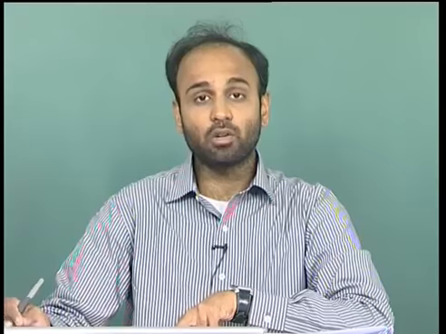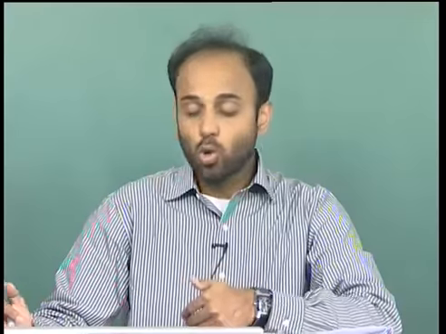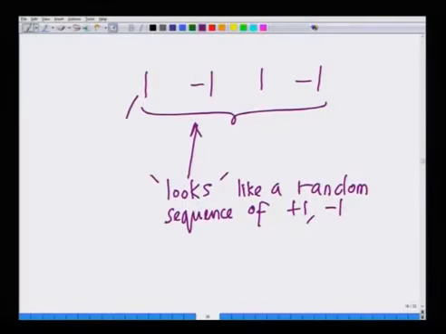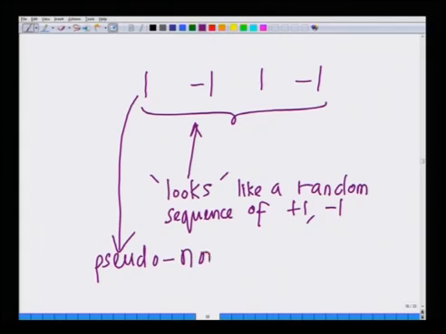In fact, there is nothing random about this. This is a perfectly deterministic code. We know the code a priori. Hence, the randomness here is pseudo random. So, this is known as a pseudo random sequence. This also looks like some noise sequence. Hence, this is also known as a pseudo noise or PN sequence.